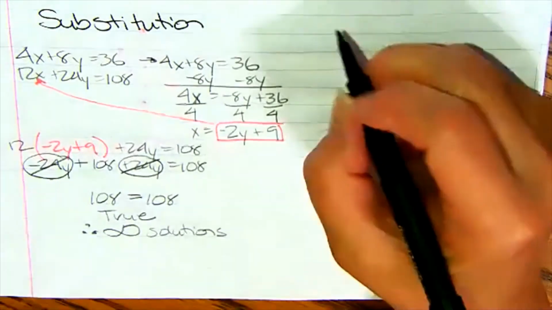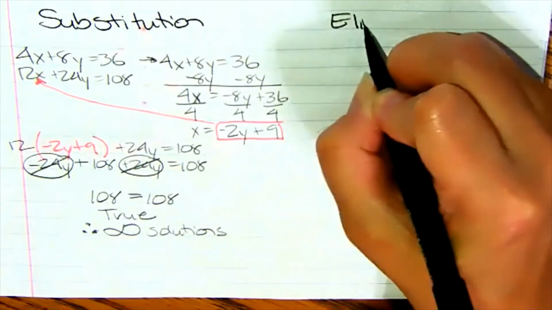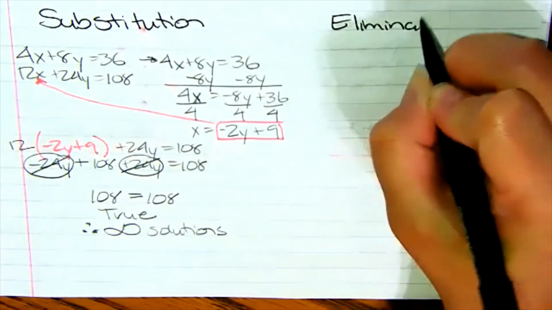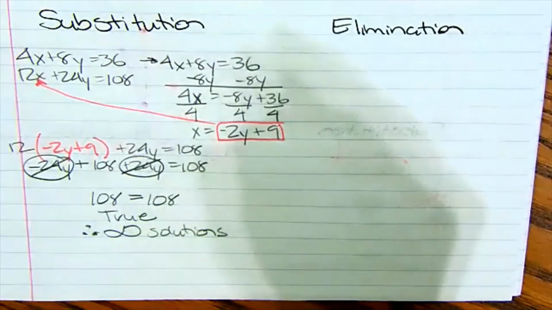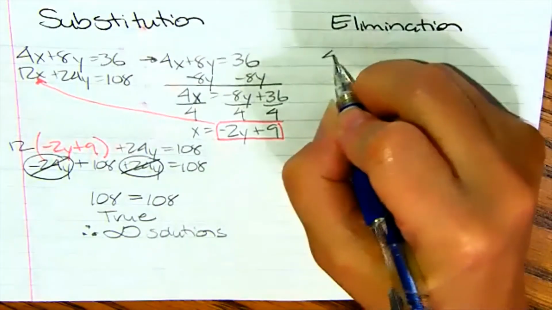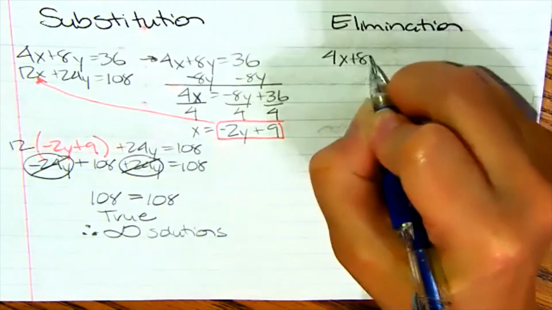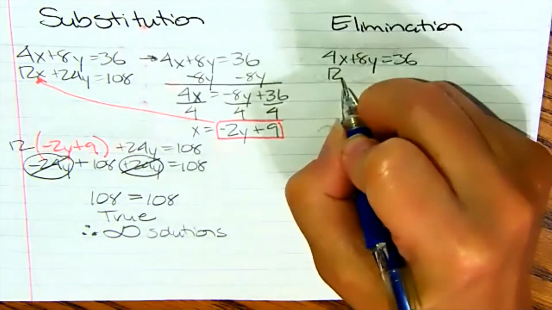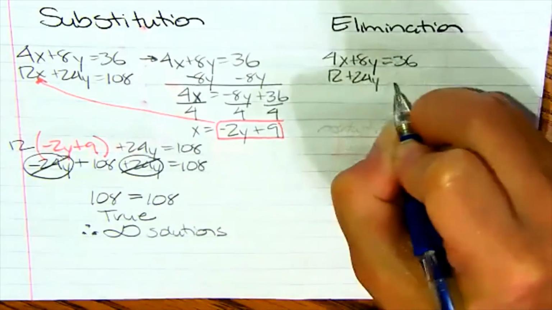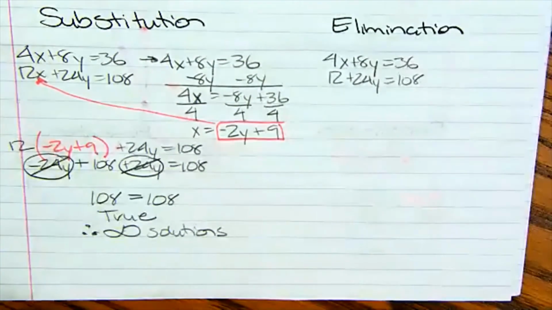Now let's take a look at what it looks like when we use elimination. So we still have the same system of equations: 4x plus 8y equals 36, and 12x plus 24y equals 108.